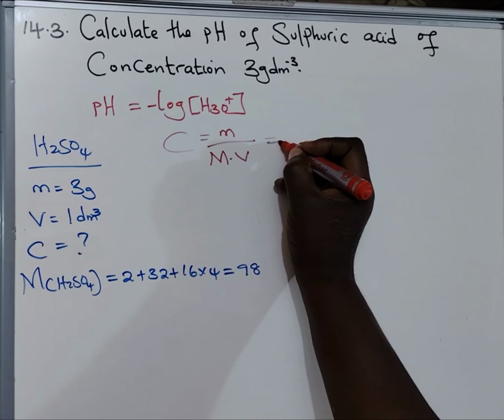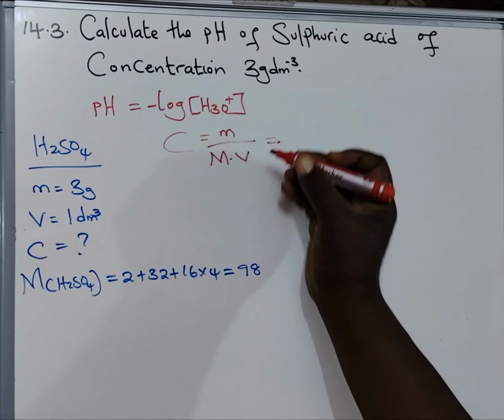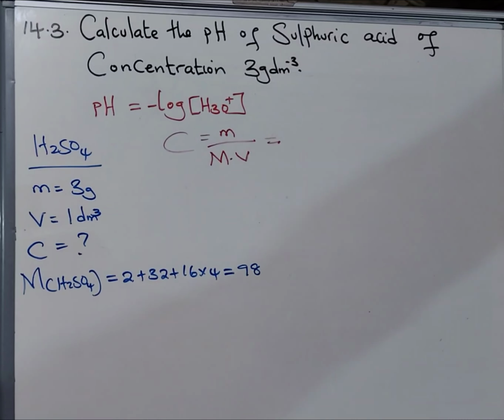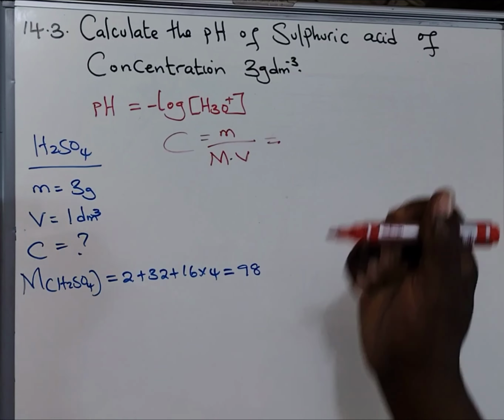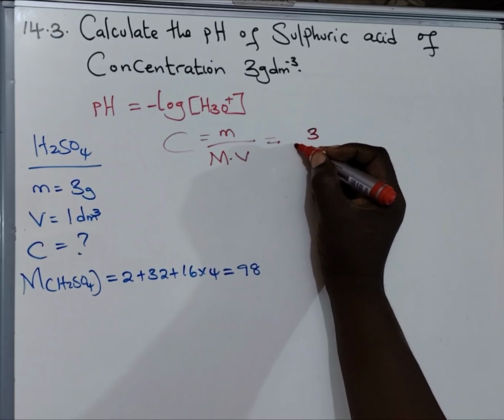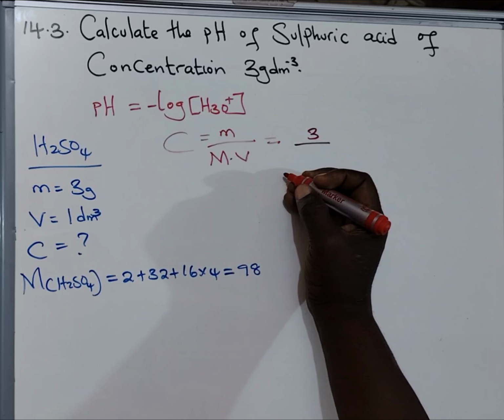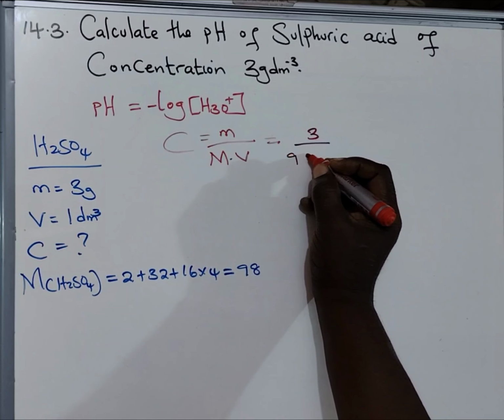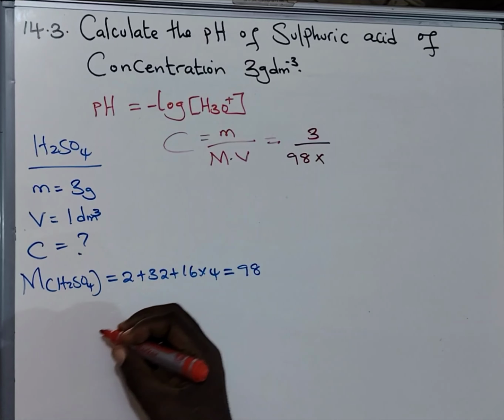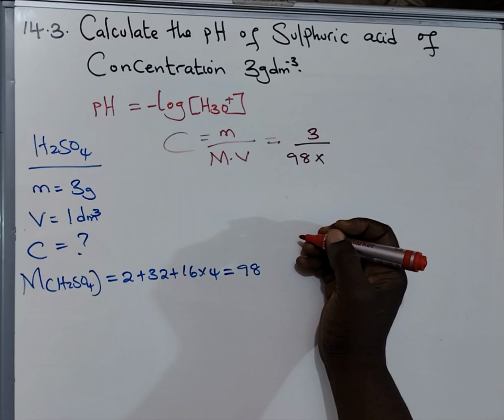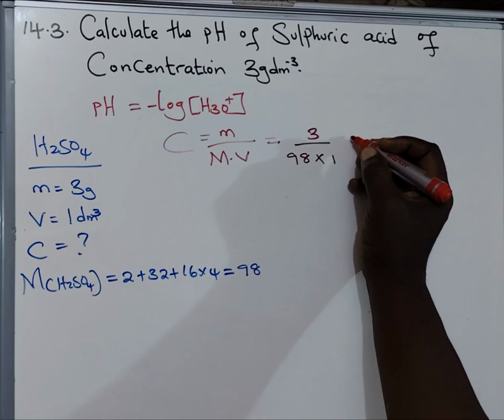So now we can go ahead and substitute. Okay. So what I'm going to say, the mass is known and it is 3 grams. Okay. Our molar mass is 98. And times what? The volume. And the volume is 1.